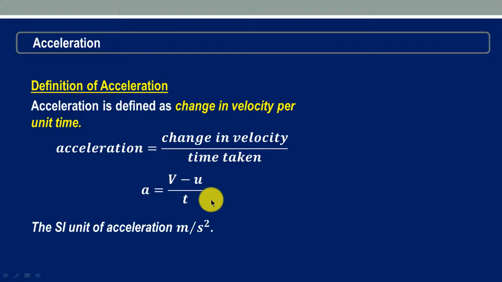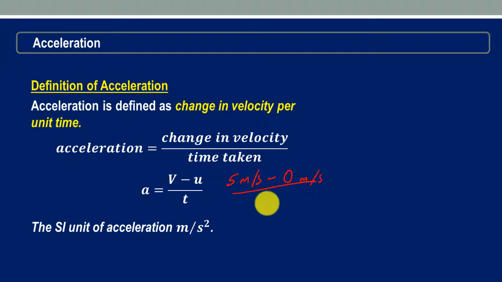The SI unit of acceleration is meters per second squared. Now, where do we get this meters per second squared from? This is how it comes about. Let's say this final velocity could be something like 5 meters per second. The initial velocity could be 0 meters per second.